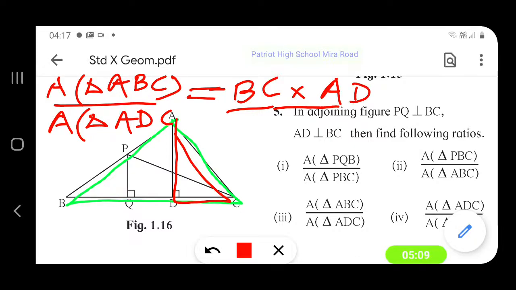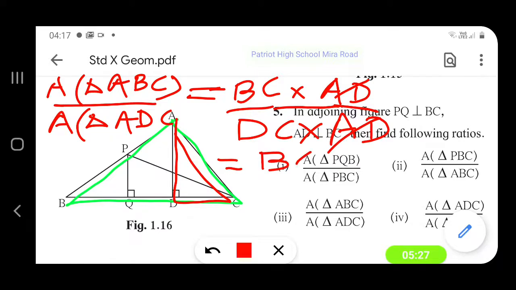And for triangle ADC it will be DC into height AD. So the height is common, so it will get cancelled. So you have the ratio equal to BC upon DC.